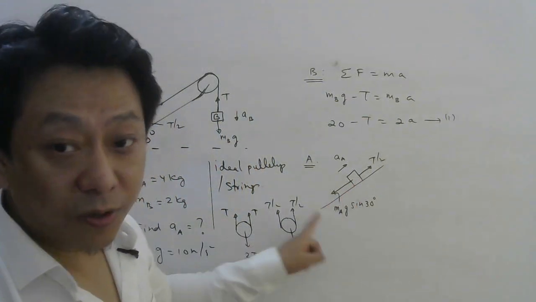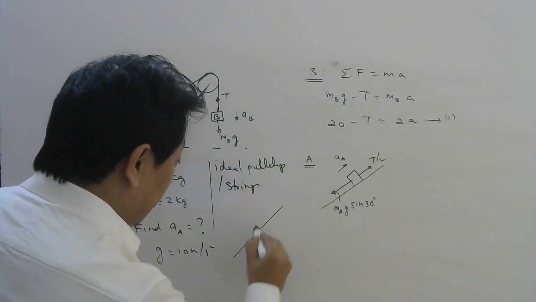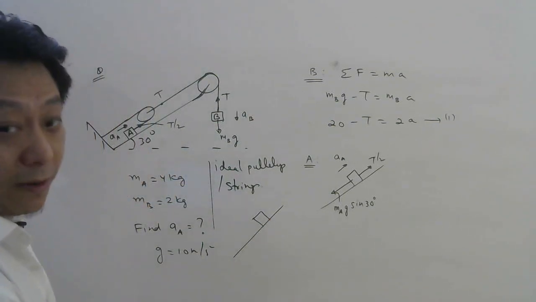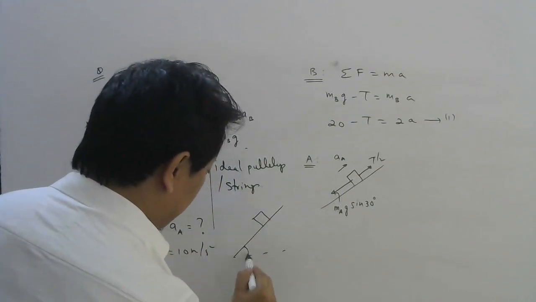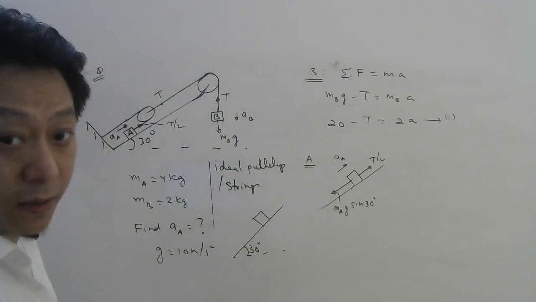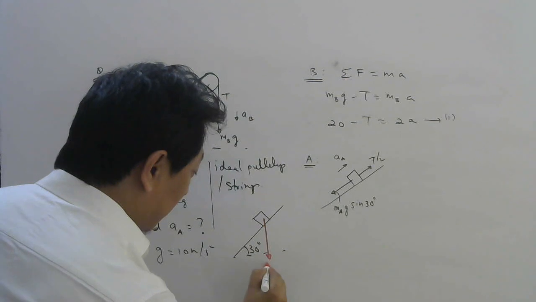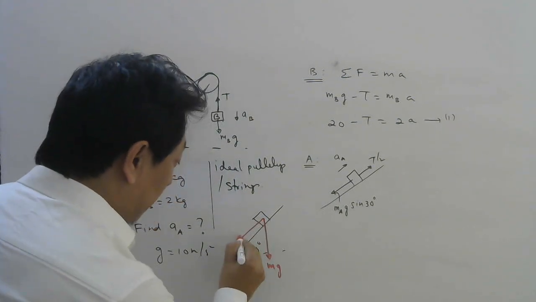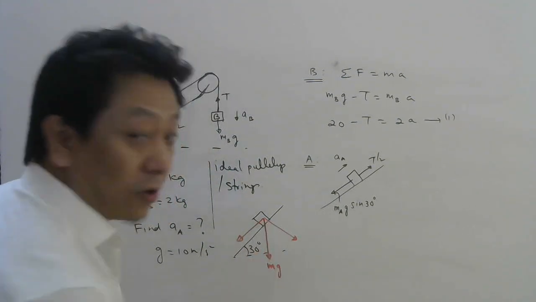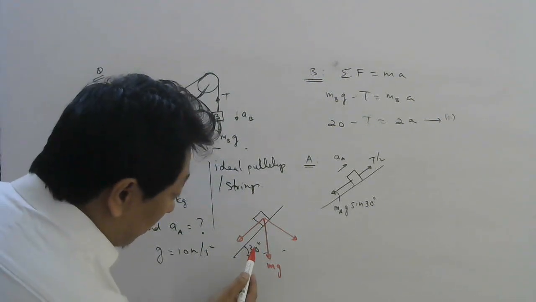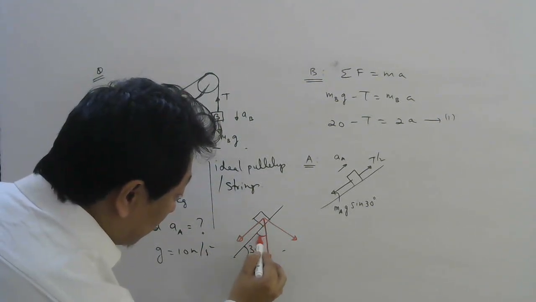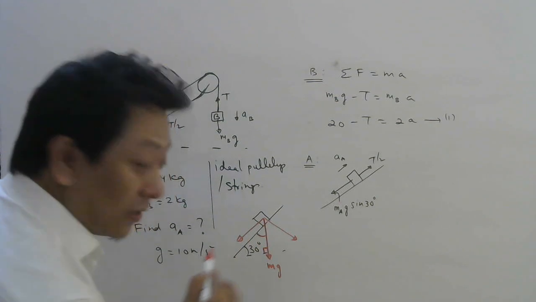Now how does this component come? See this. Suppose you have a block on an inclined plane whose inclination is, let's say, 30 degrees. Now we all know gravitational force acts vertically downward. So we can divide this gravitational force into two components like this. Now look carefully. If this is 30 degrees, this should be 60 degrees, because this angle is 90.